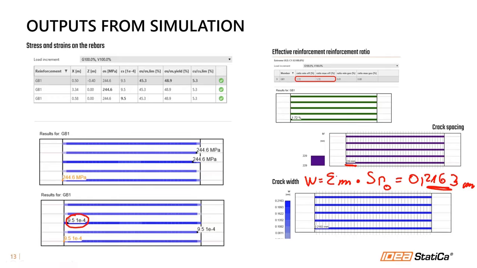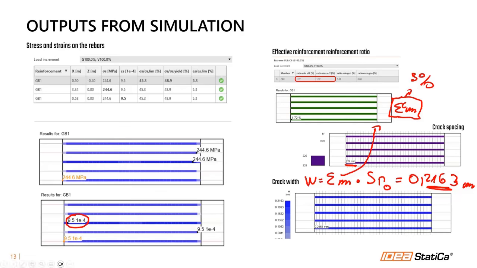As you can see, one part of the equation, this epsilon cm, which is the contribution of the concrete in tension, is disregarded for this case. So this contribution gives you for this case approximately a 3% reduction of the crack width.